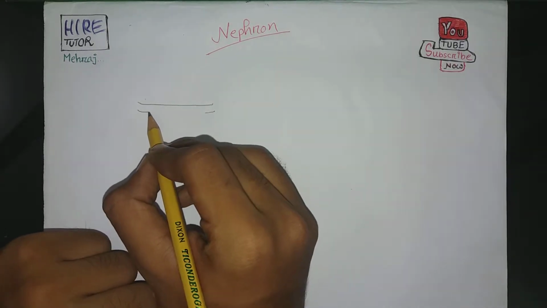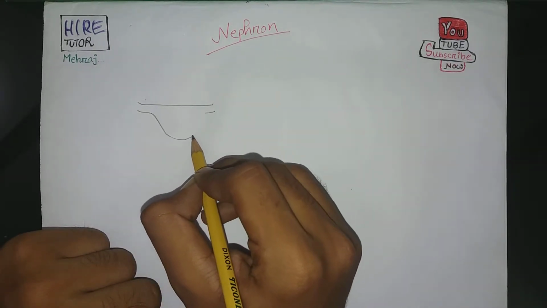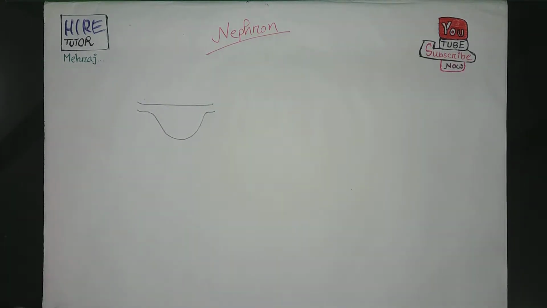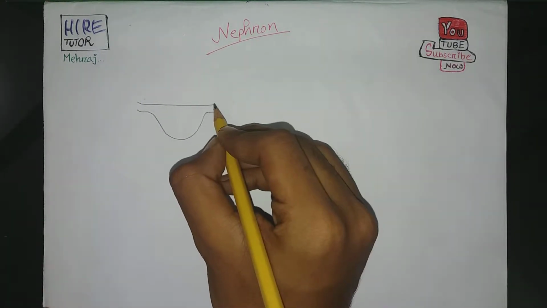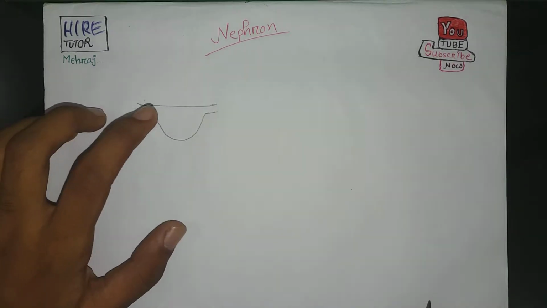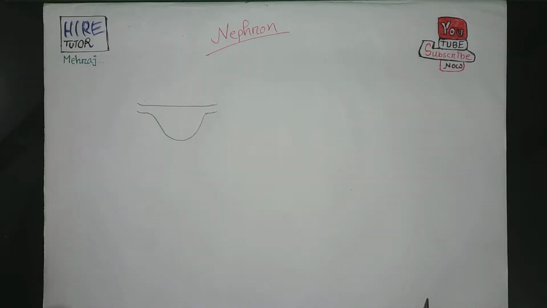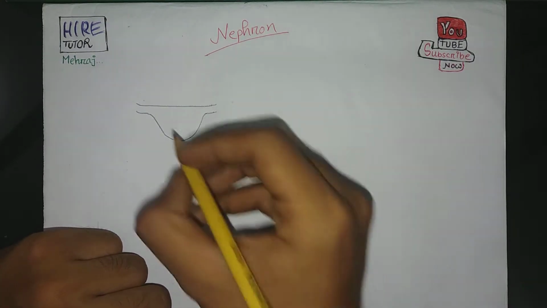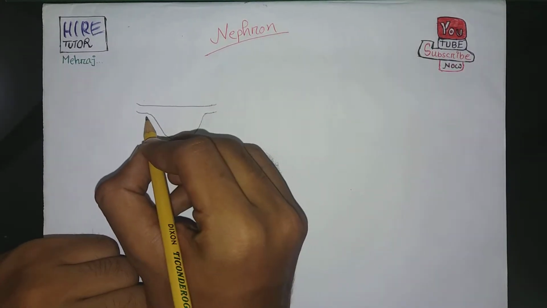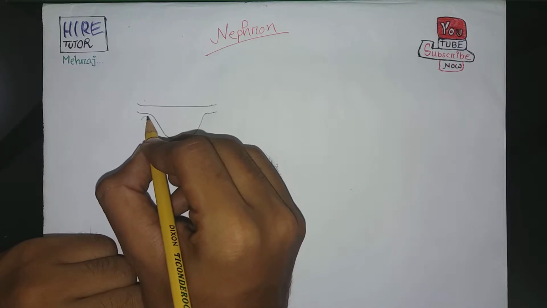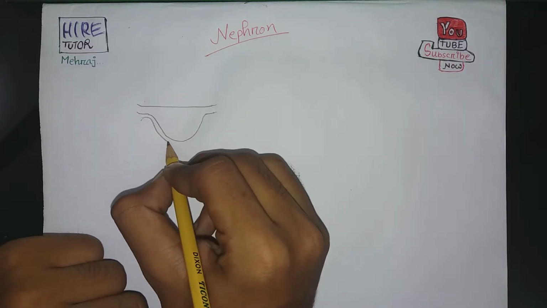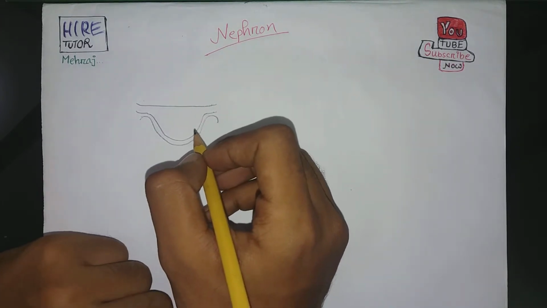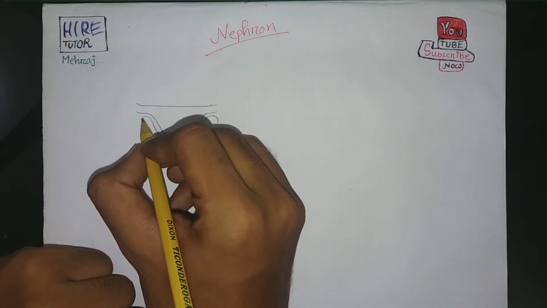So just make this like a bag here, a half circle. Well, after that, this is called the renal corpuscle or the glomerulus of our nephron. Then I will make a cup shape here like this, and it will be the capsule.